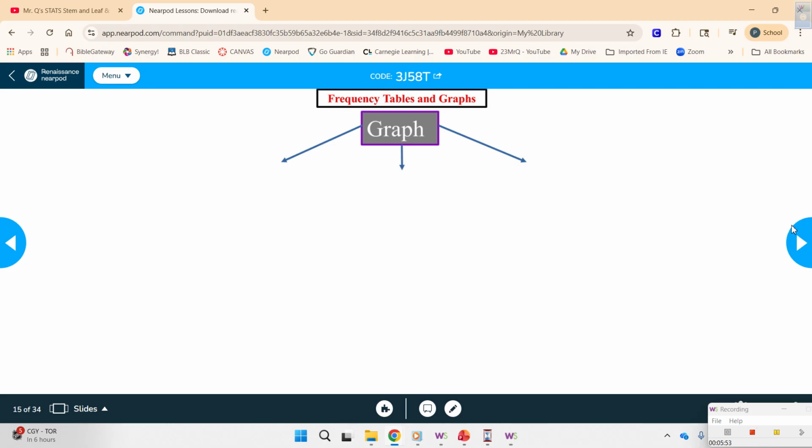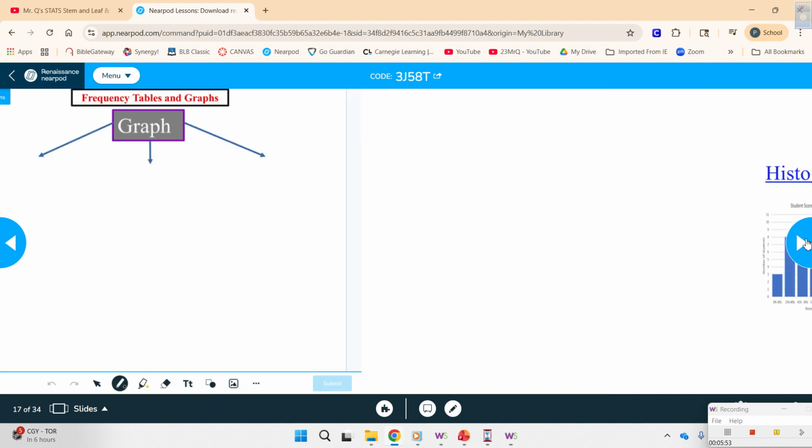All right, let's go with Thomas. Histograms, polygons, ogive. That is correct.